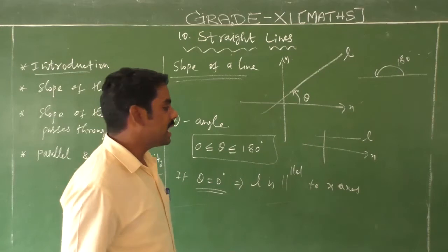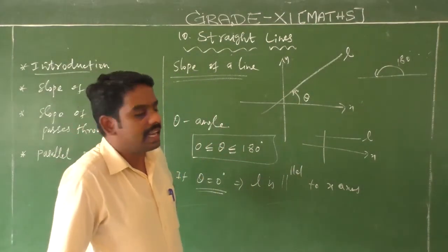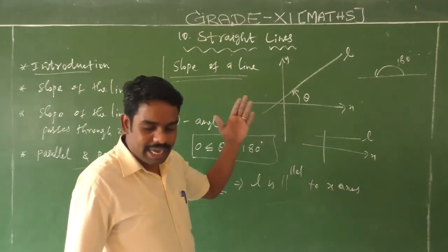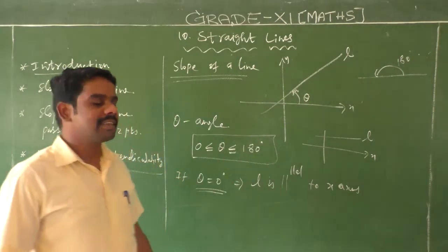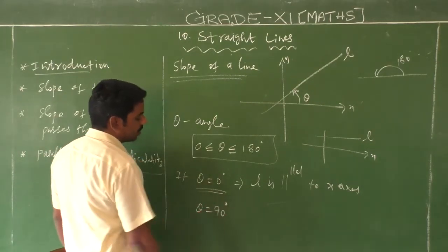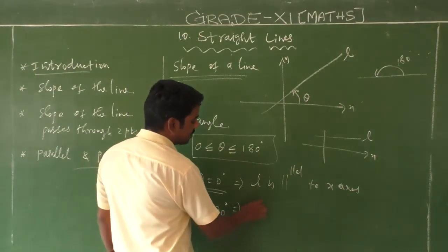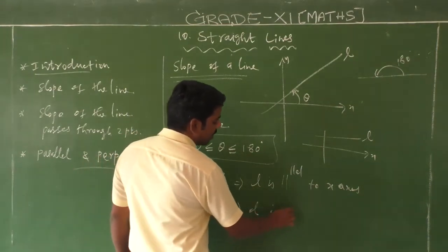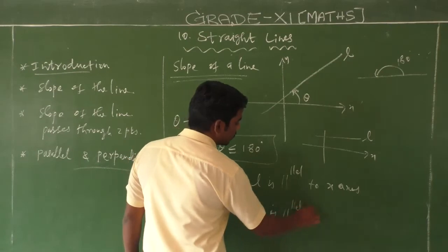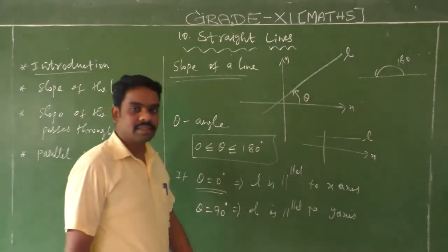And another one, theta equal to 180 degrees. Same, this line is parallel to the x-axis. And if theta is equal to 90 degrees, the line L is parallel to the y-axis.